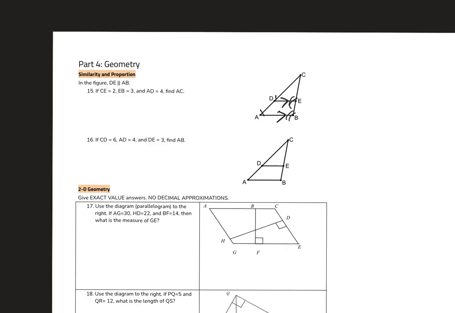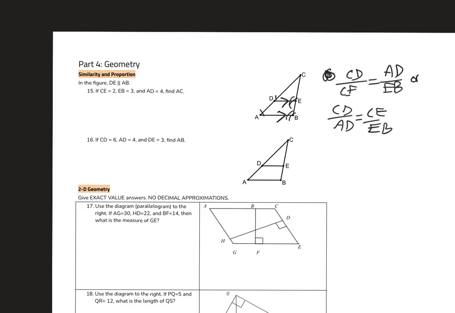We also know that CD over CE is going to be equal to AD over EB, or you could also say that CD over AD is equal to CE over EB.